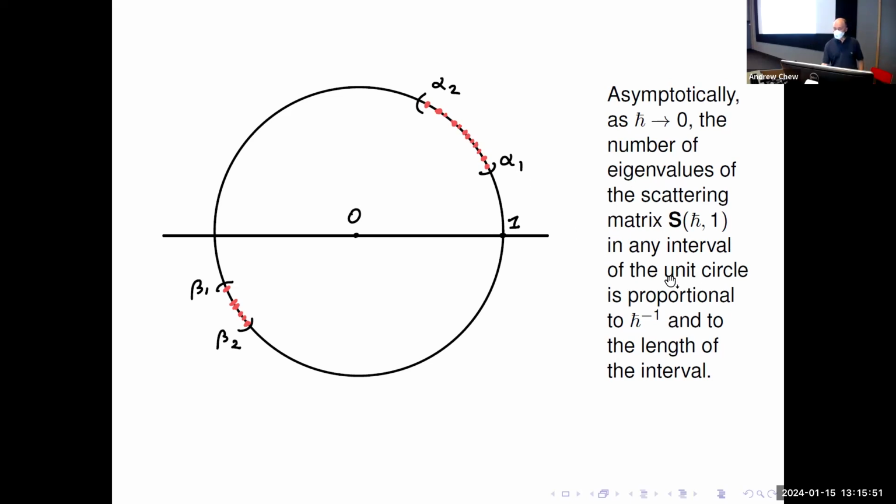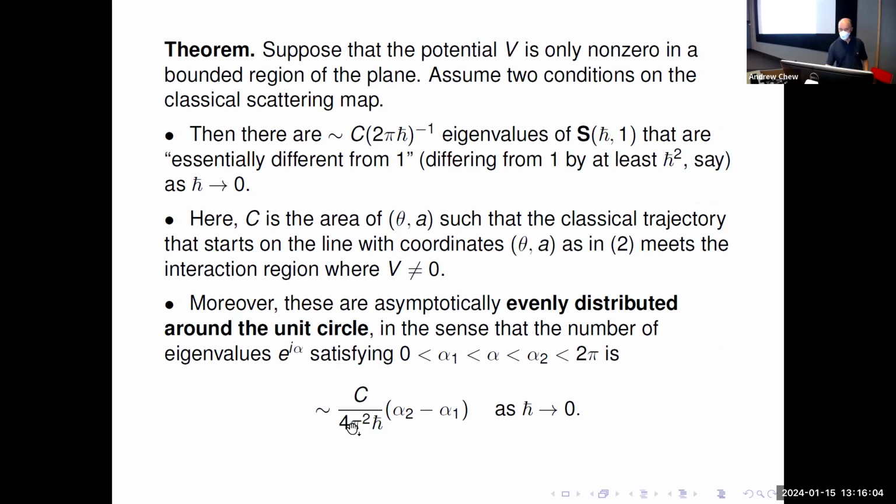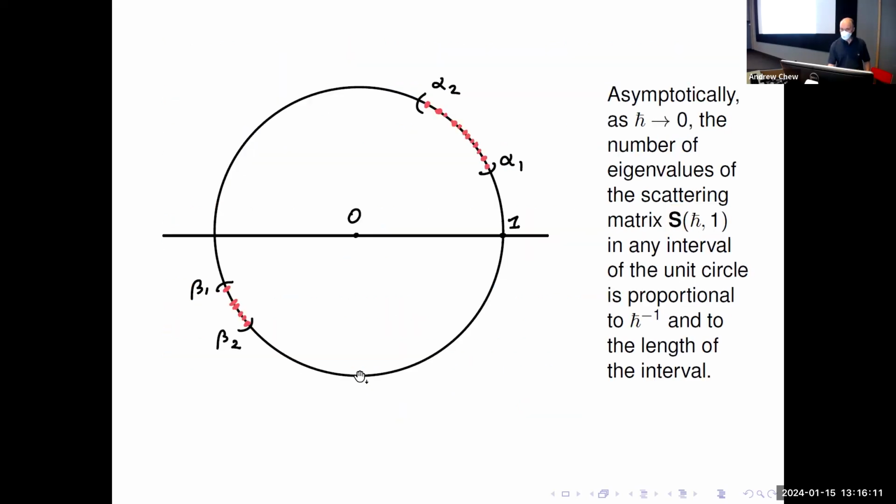Well, the number of eigenvalues is proportional to 1 over h bar and to the length of the interval, and the constant of proportionality is that constant c that we saw before, together with 4 pi squared. So although we're not able to pinpoint individual phase shifts, we can make a slightly weaker statement about the asymptotic number in any interval of the unit circle.